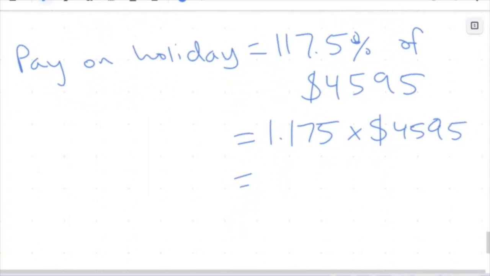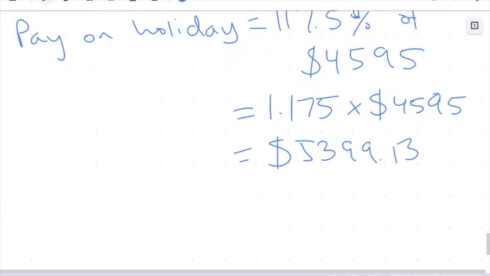What I get after this is $5,399.13. Now this is rounded to 2 decimal places, and all of the calculations in this topic are going to be to 2 decimal places, because we're rounding to the nearest cent.